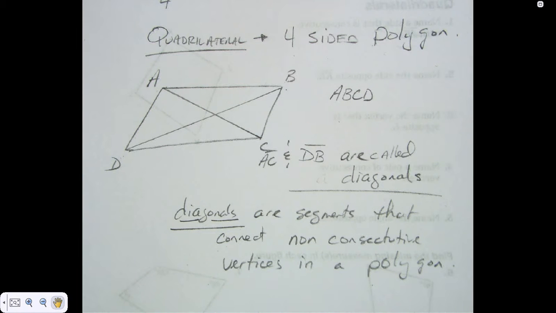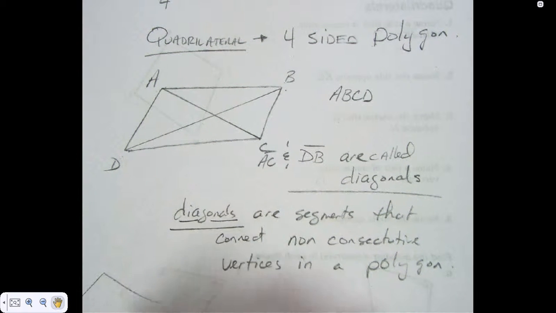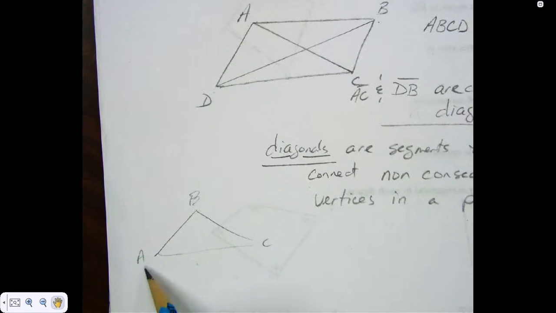if you were to draw a triangle, and I'll draw one, but you don't need to draw it. Right here. Is there a non-consecutive vertex to point A? In other words, to get to the other points in the figure, I could always get there by going on the outside, correct?